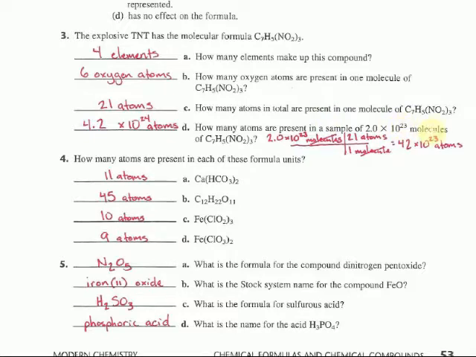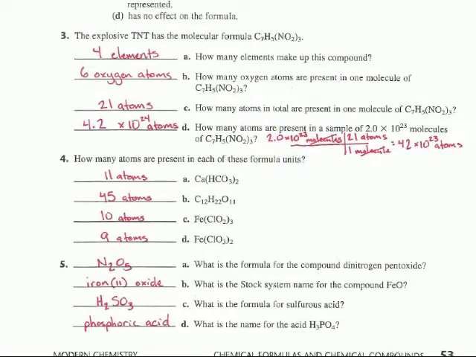So the question gives us molecules. It gives us this value, this number of molecules. So we're going to start with that number that the problem gave us, molecules being the unit. Now, I'm going to put molecule on the bottom for sure, on the denominator, because I need them to cancel out. Now, I want to be converting into atoms as a unit because the answer is asking for how many atoms present. So that's what my answer needs to be in terms of.